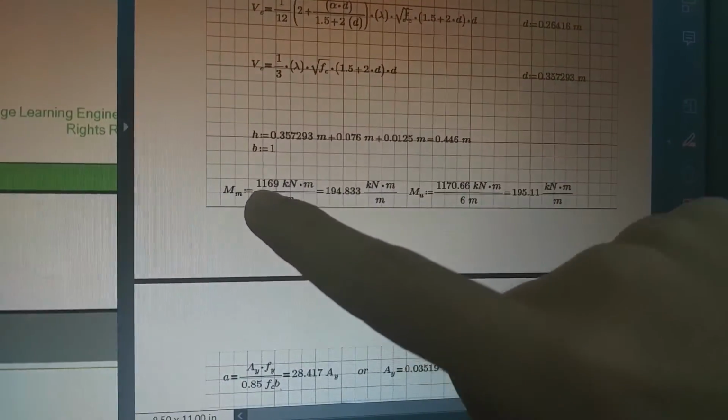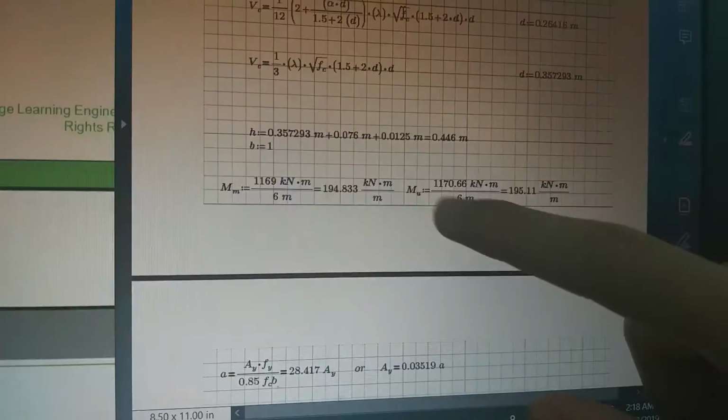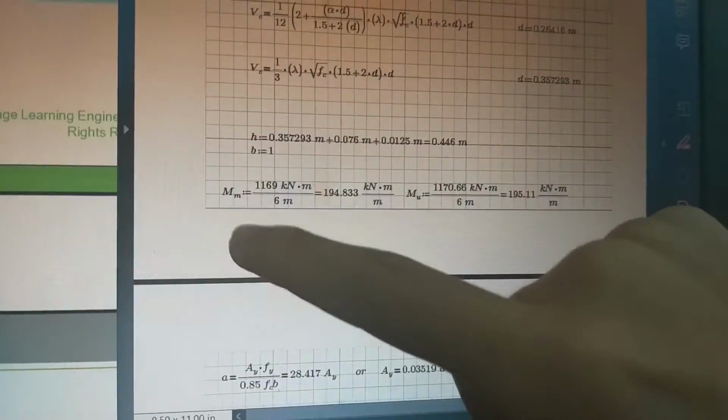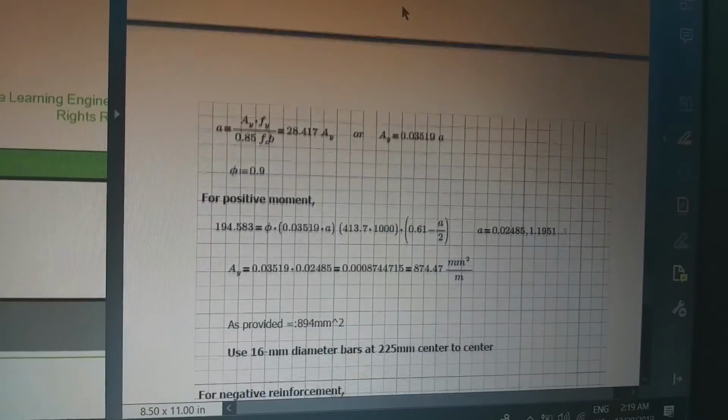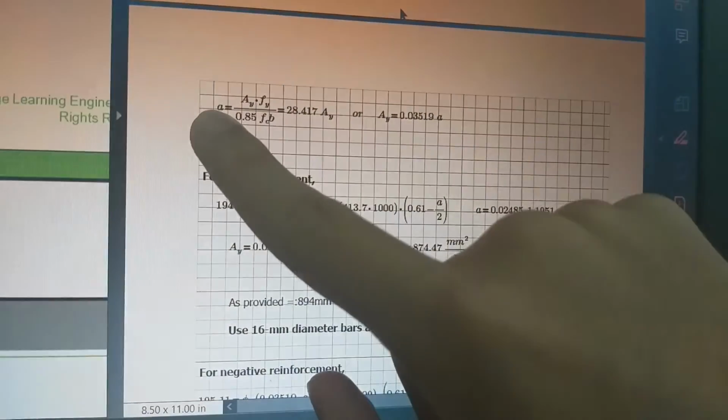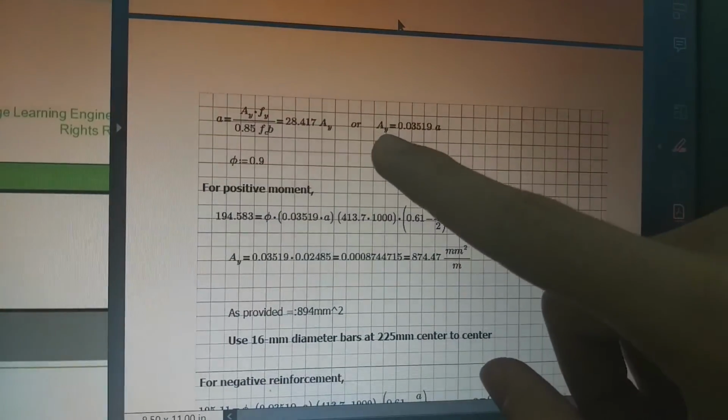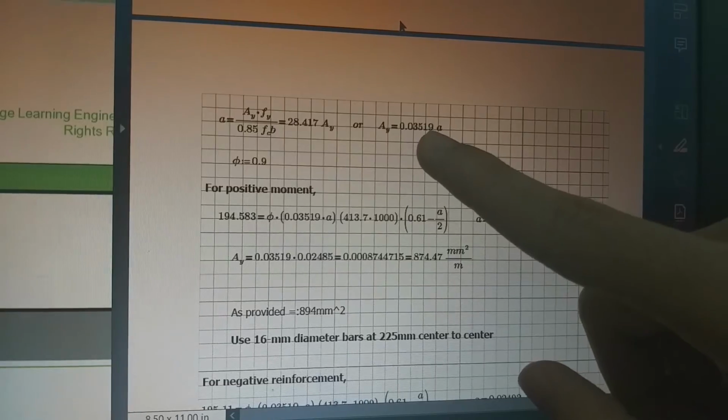The maximum positive moment is 169 and the maximum negative moment is 176, and then we divide it by B, which is 6, where we get this value. And after that, we use this formula, and after we arrange the formula, we get AY equivalent to 0.03519A.